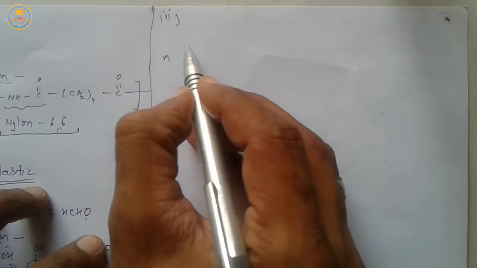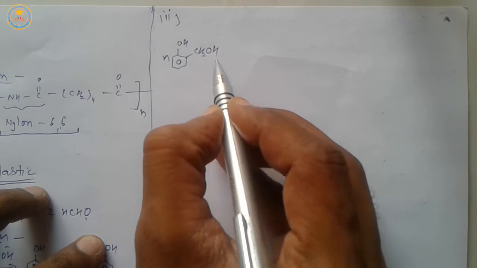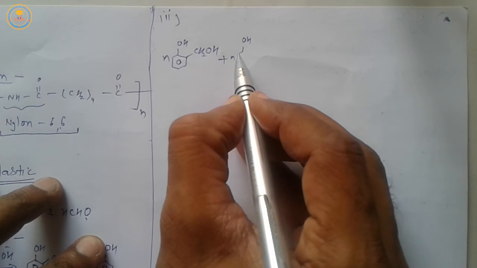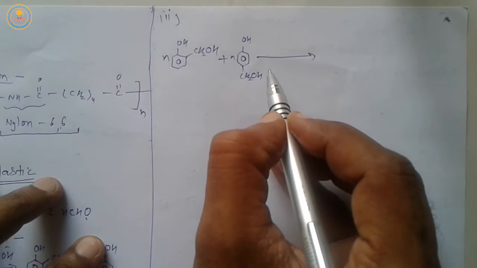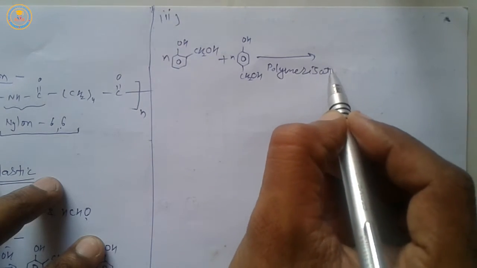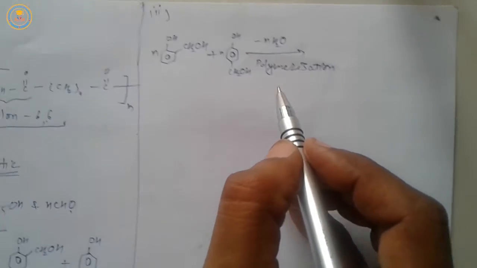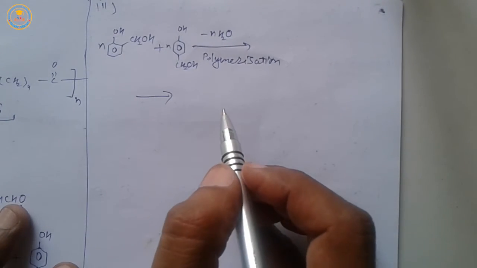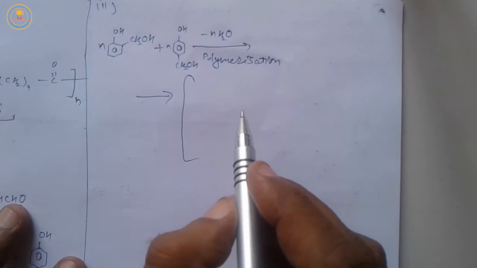So, a unit of ortho hydroxybenzyl alcohol and a unit of para hydroxybenzyl alcohol. After polymerization, water molecules are eliminated here. A cross-linked three-dimensional network structure is formed, which is called bakelite.